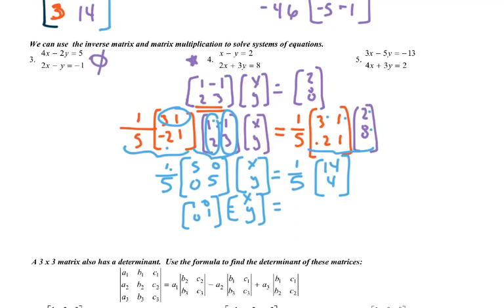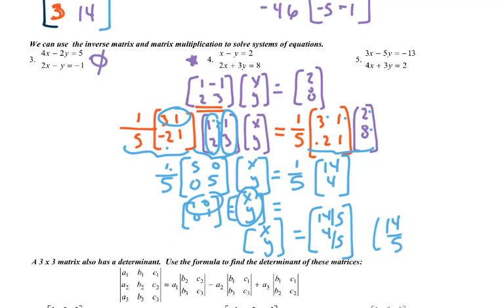And when I multiply by the identity matrix, again, you could do this if you wanted to, but you're going to see that it's just going to equal xy. And I can distribute that 1/5 now at the end, 14/5, 4/5. So that gives me my ordered pair, 14/5, 4/5.